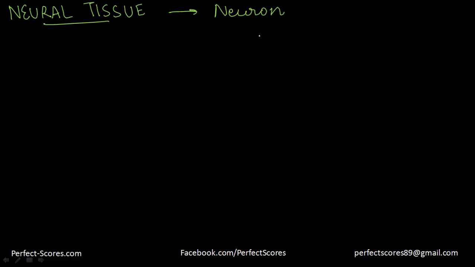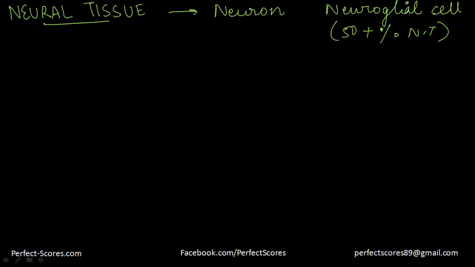Then there is the remaining neural system that is made up of neuroglial cells. The neuroglia make up more than half of the volume of the neural tissue in our body. So more than 50% of the neural tissue in our body is made up of these particular cells.